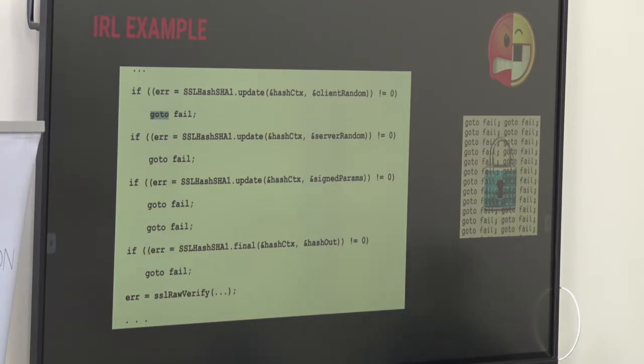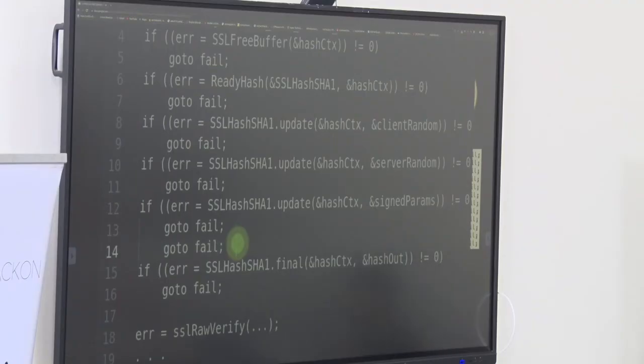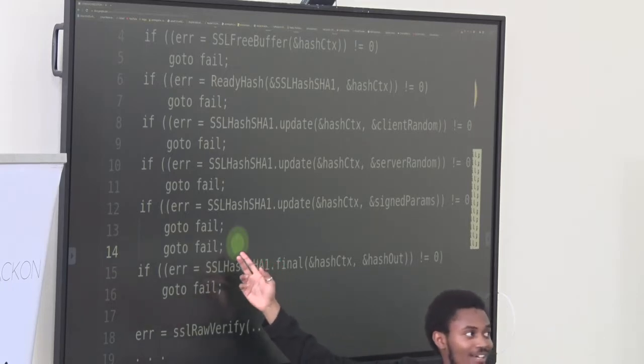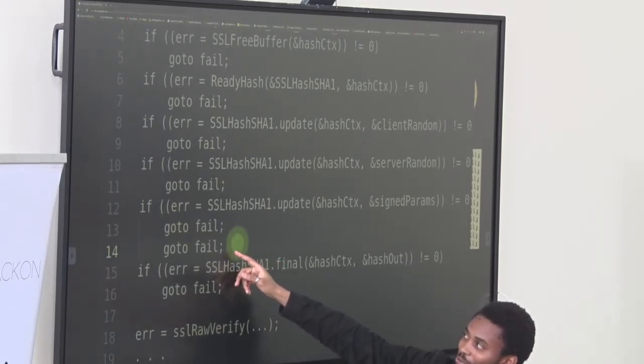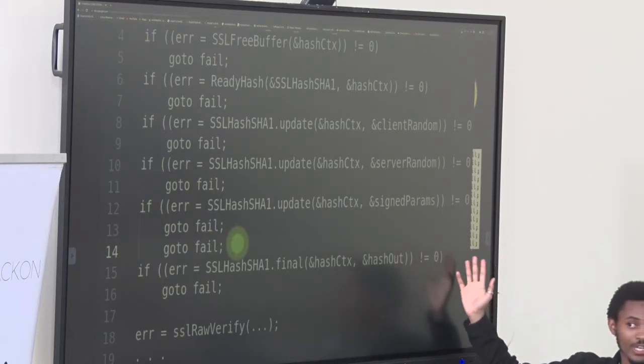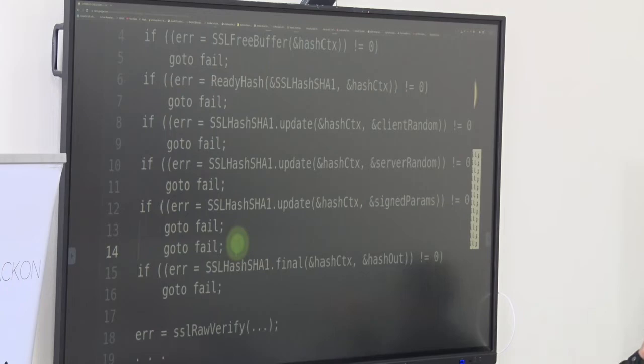Okay, if you look at the code, the offender is the second goto fail, the one I've highlighted for you. This second goto fail is always going to be executed, whether the function fails or passes.